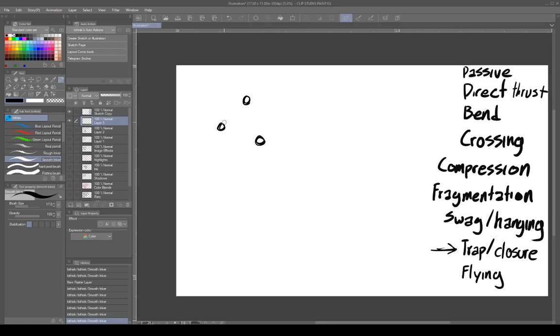Say this is the example given in the book. I'll go ahead and go with that one. The example given in the book is a raised leg.